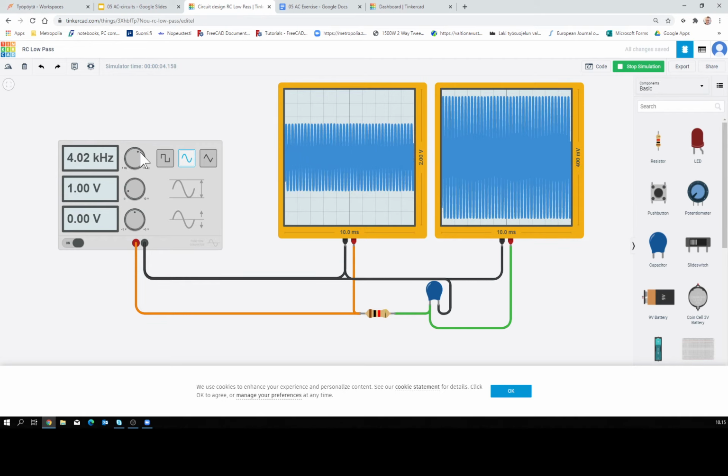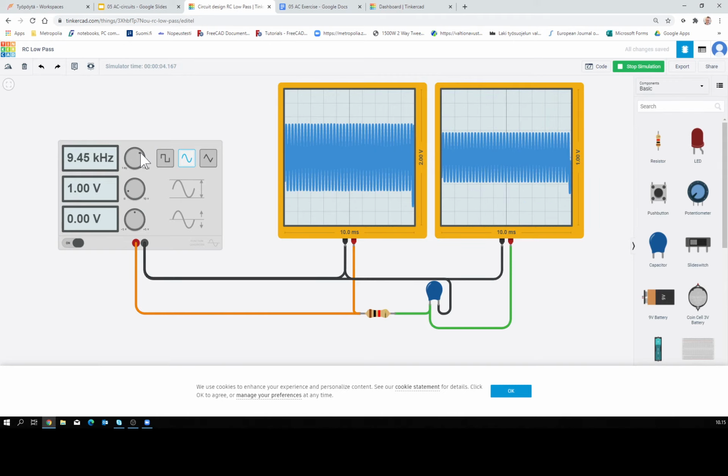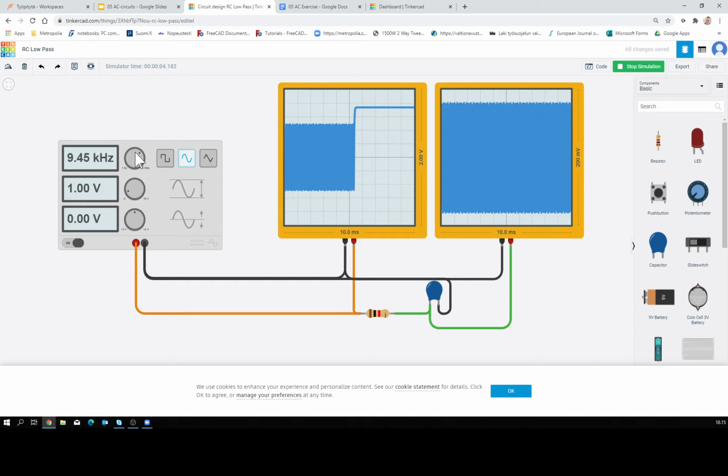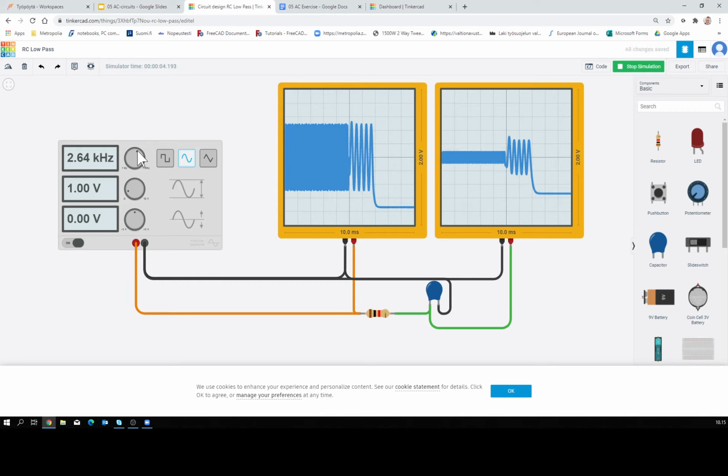Okay, even less. Unfortunately, those oscilloscopes have a different scaling, this auto scaling. Whoops. Something went wrong on the simulation. Okay, that means that the leftmost oscilloscope does not work quite well anymore. But anyways, so it's a low pass filter.